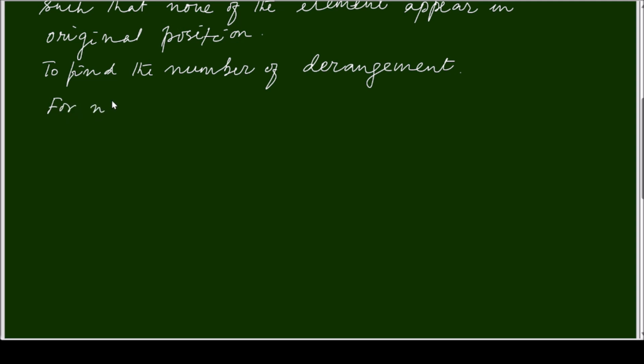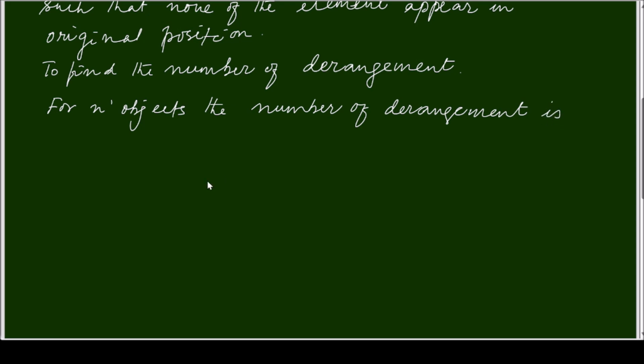For n objects, the number of derangements is denoted by the left factorial, n with the factorial sign on the left side. This equals n factorial multiplied by the summation of k equals 0 to n of minus 1 power k divided by k factorial.